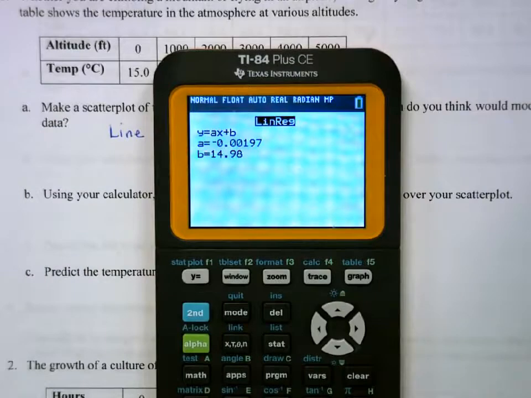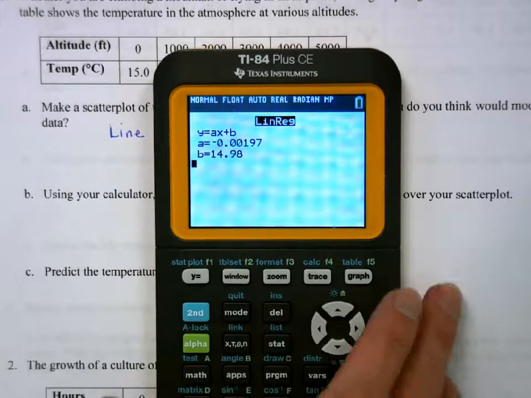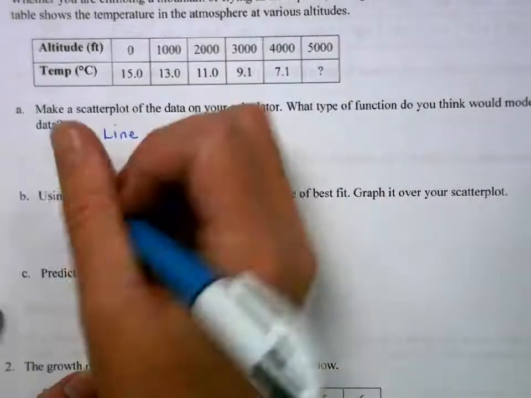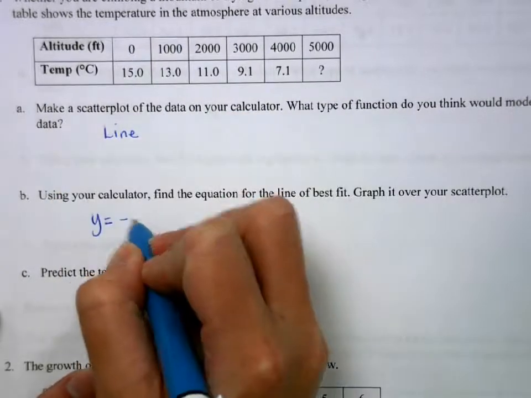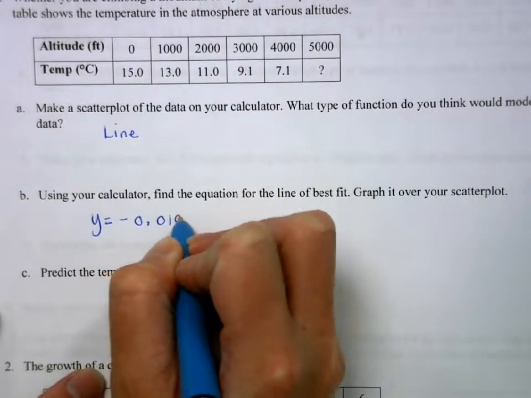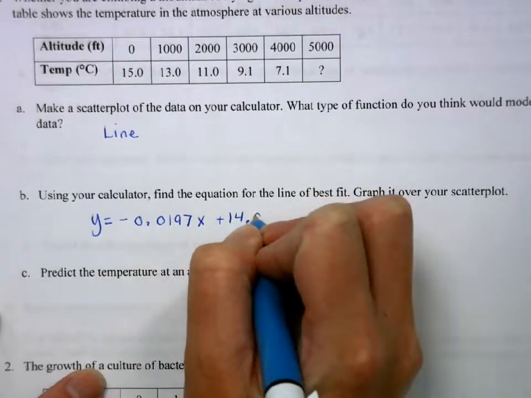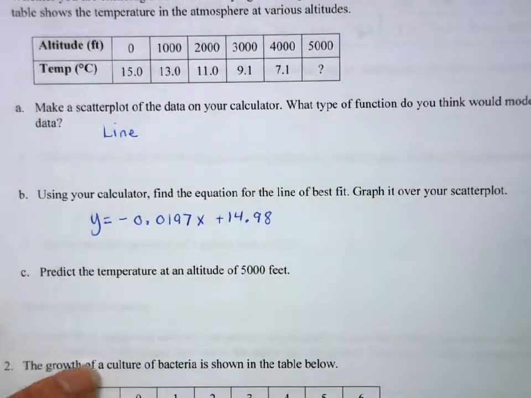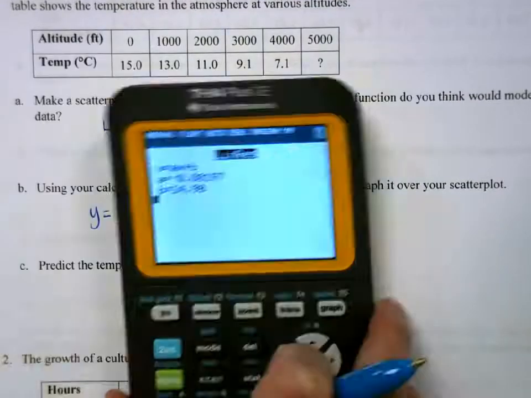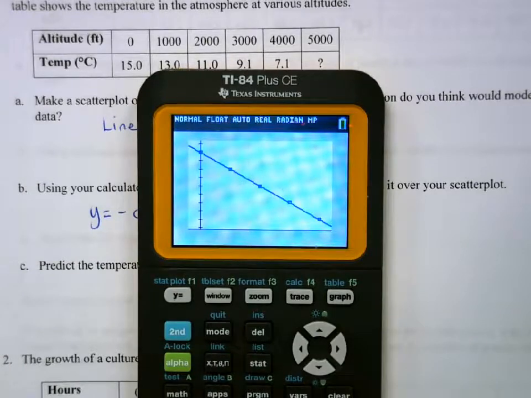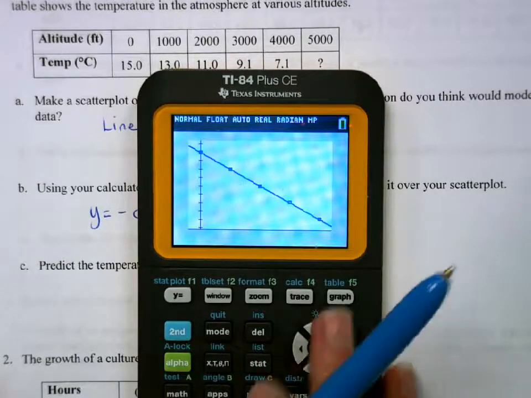So it gives us this as our regression equation. Okay, so we're going to plug those values in for a and for b. Negative 0.0197x plus 14.98. Okay, if we go to our graph, because I stored it in y1, that equation seems like a pretty good fit for those points.